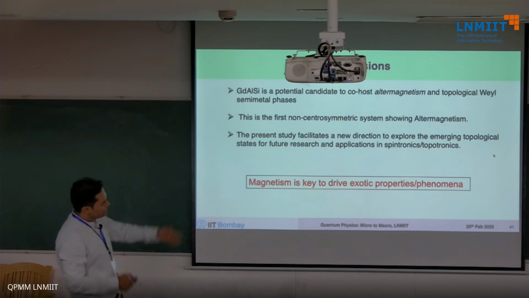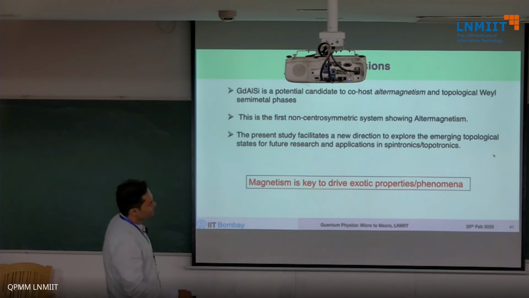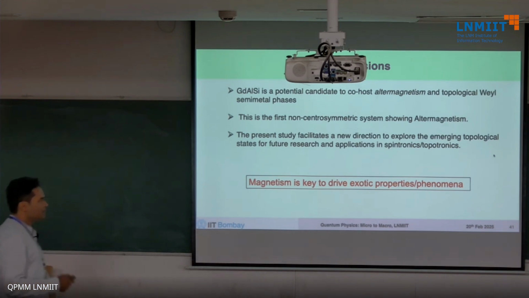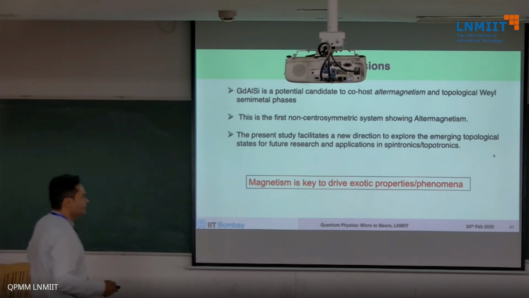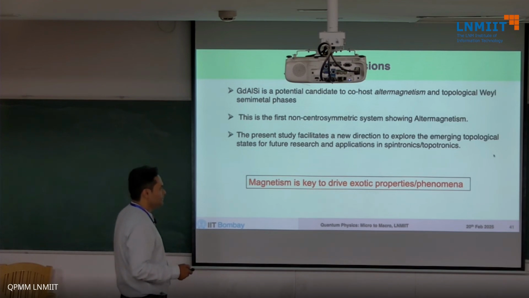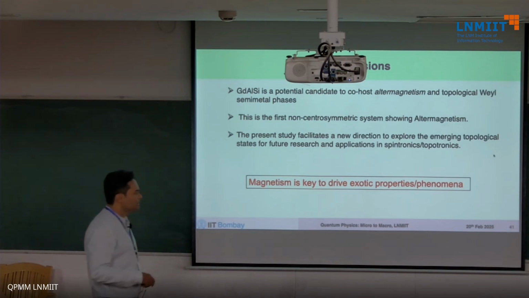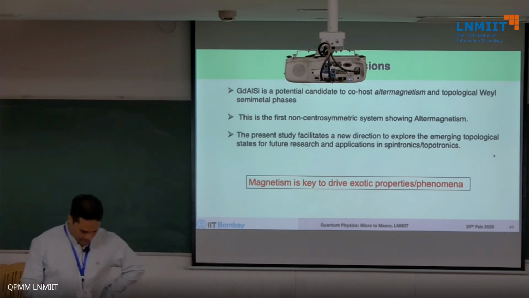So these are more recent findings of some of these exotic magnetic materials, and there are several groups working on these.